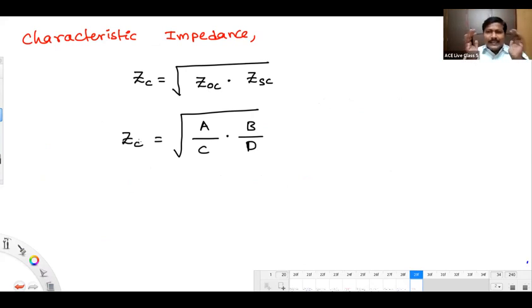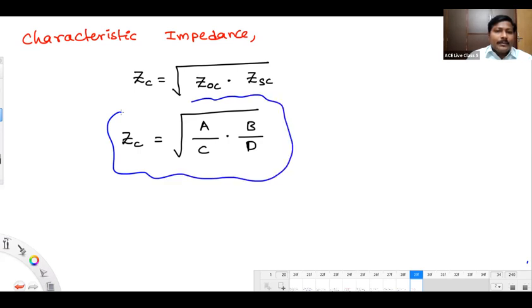For example, if a two-port network is given and they ask you to calculate the characteristic impedance, after calculating the ABCD parameters, you can say it is the square root of A by C into B by D.